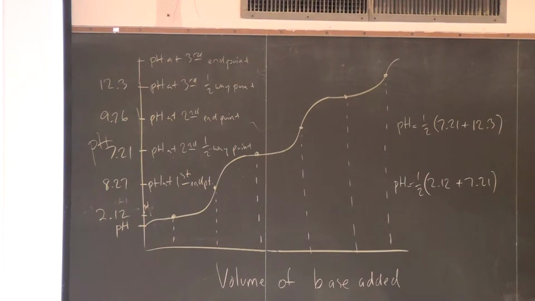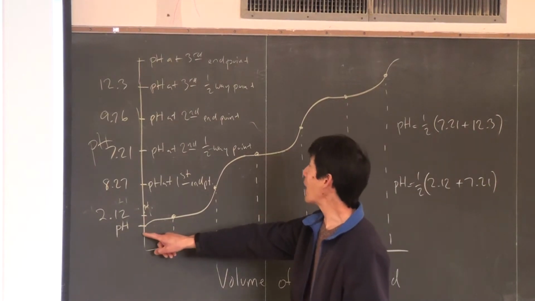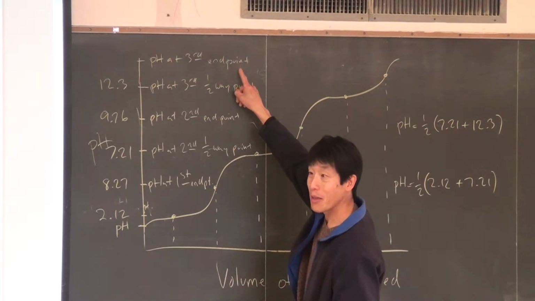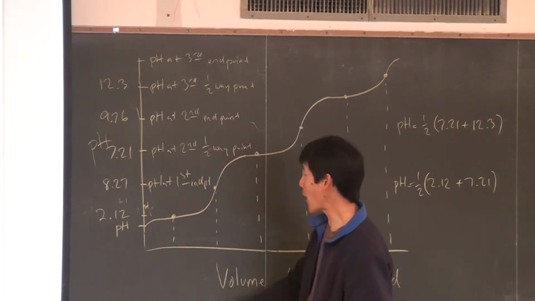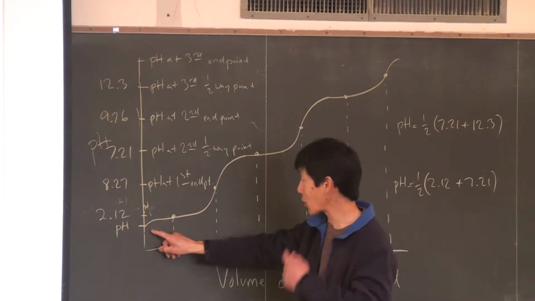Okay, so we did the easy ones. Now we got to figure out the pH at the starting point and then the pH at the third endpoint. So what equation do we use to calculate the pH at the starting point?